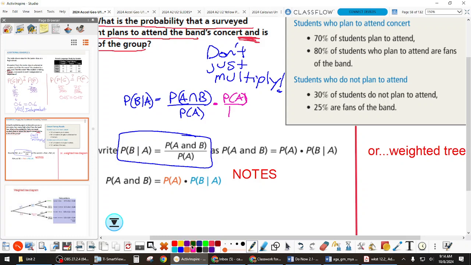They cancel. But can I just multiply one side by something? No. So multiply both sides by it to keep it balanced. And now, do you see we have a formula for the probability of A and B when it's not independent? And so that's what this is here.